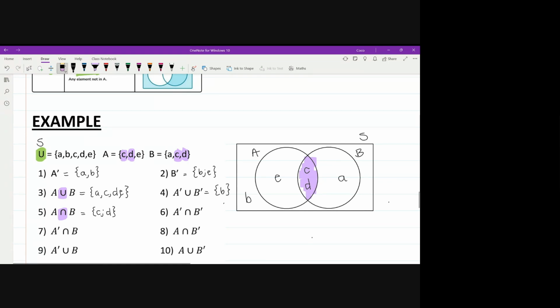Now it says everything that is not in A and not in B. So what do we have that is not in A and not in B?